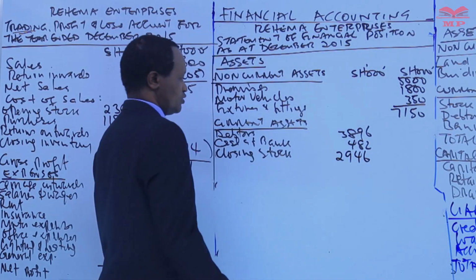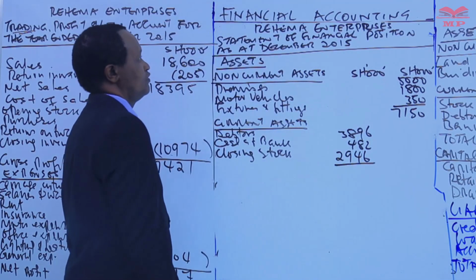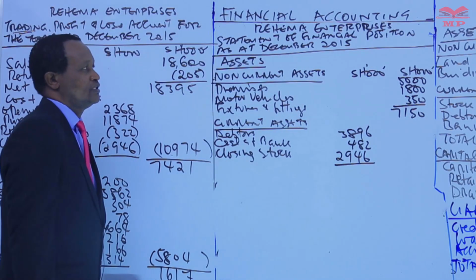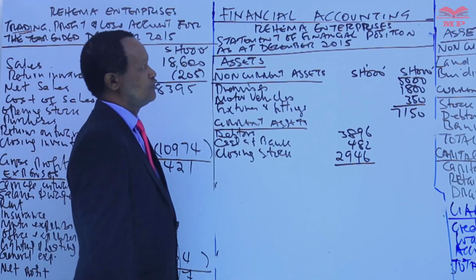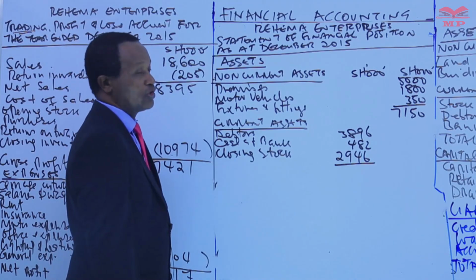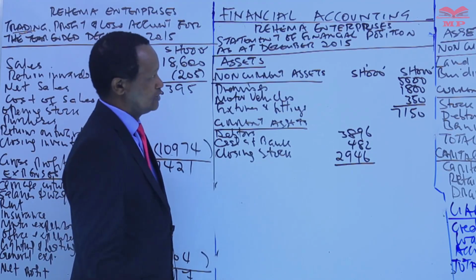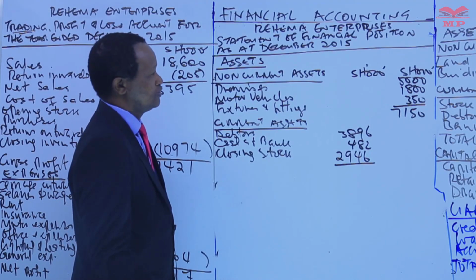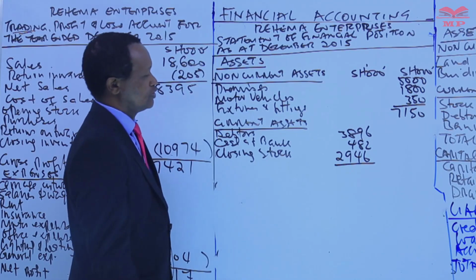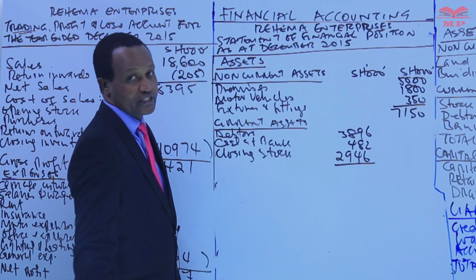Please note down that the value for inventories in the statement of financial position is the inventories at the closing. If you are preparing a balance sheet at the end of the accounting period, then the stock should be the one for the closing date.